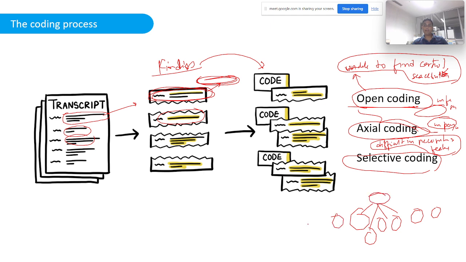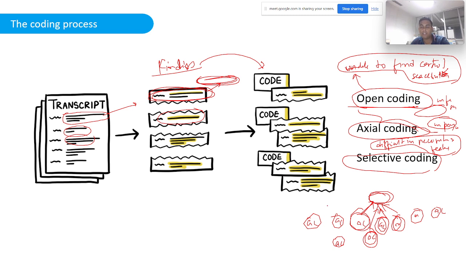So you may have multiple axial codes, but your design objective only lies with a few selected axial codes, and you group them with a new label which is of key importance to you.